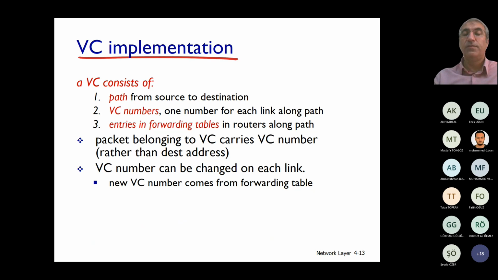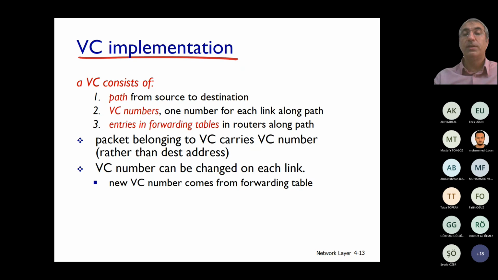When it comes to the virtual circuit implementation, a VC consists of three entities. The first one is the path from source to destination. The second one is the VC numbers, one number for each link along the path, similar to an IP address in a datagram network.